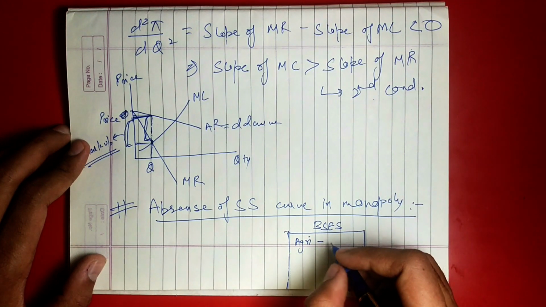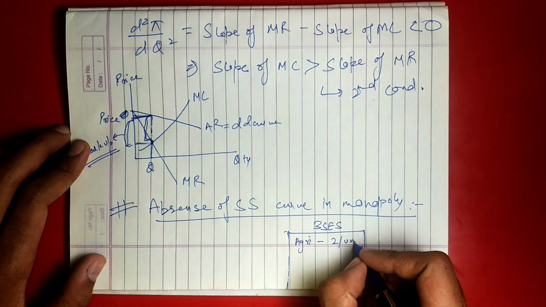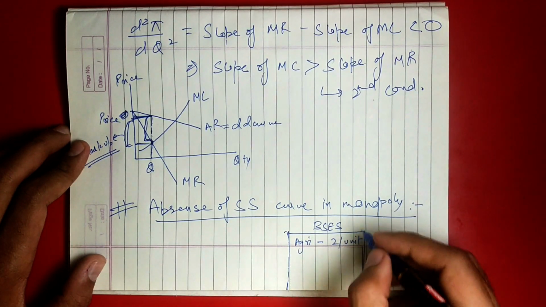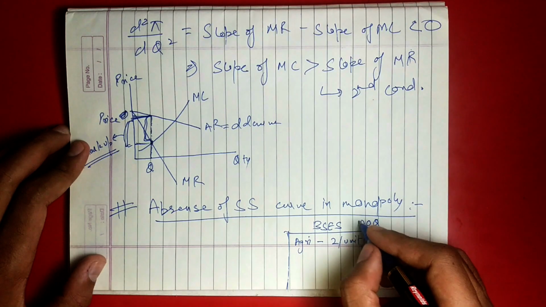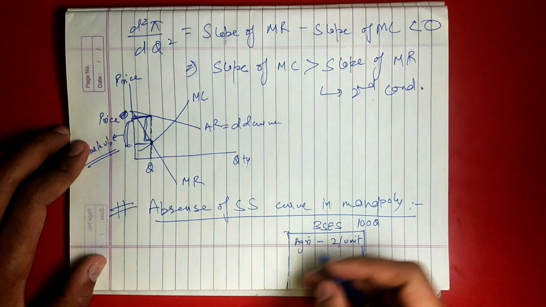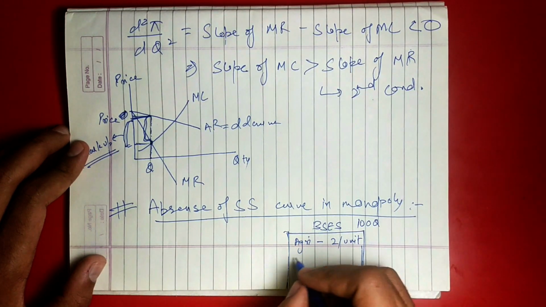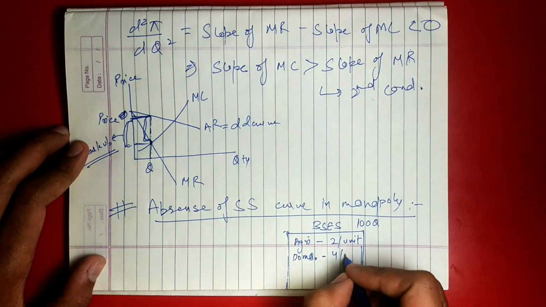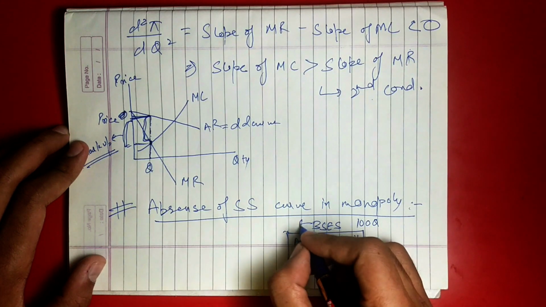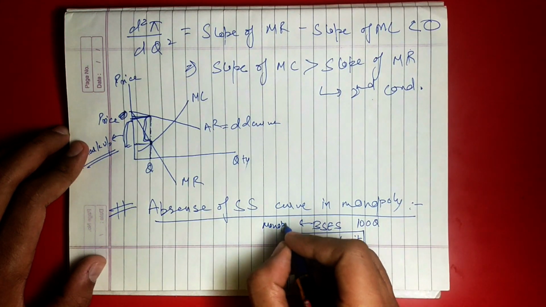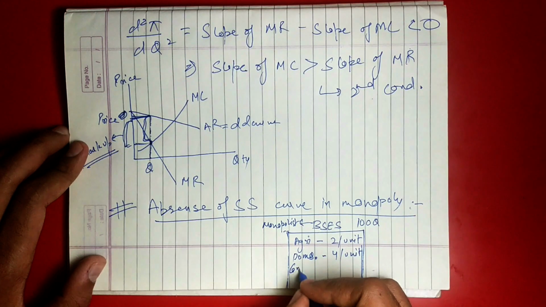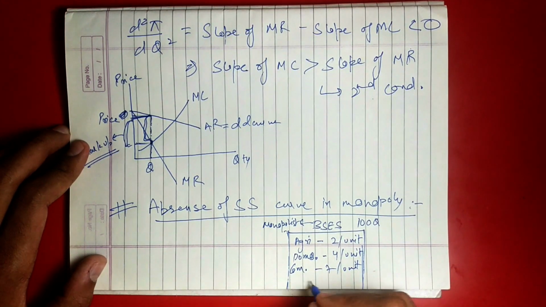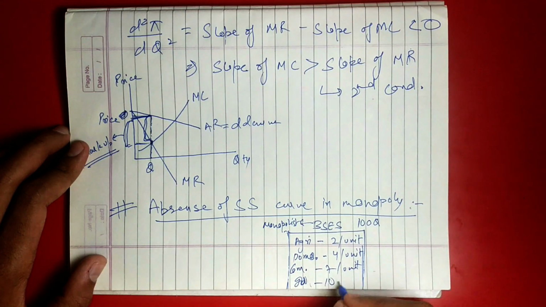Suppose for 100 quantity, I charge agriculture 2 rupees per unit, and if you are using it for domestic use, I charge 4. He's a monopolist. And for commercial purpose, I charge 7 per unit, and industry again higher.